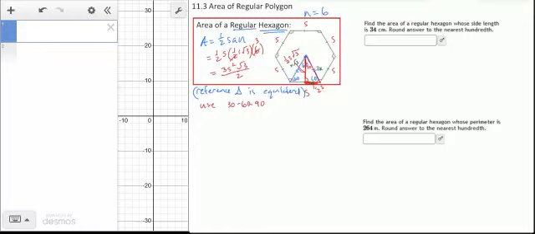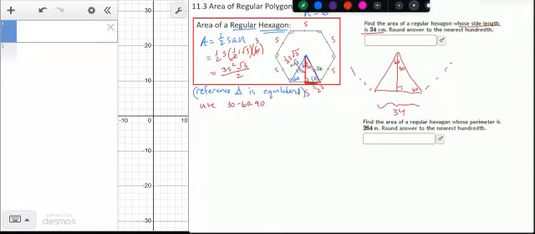Because all I'm going to do when I sketch this is sketch one reference triangle. When I sketch this, I know I have 60 degrees here, which makes this 30, 60, 90. And so if the side length is 34, and I want to find my area, 1/2 SAN, I have my side length of 34.